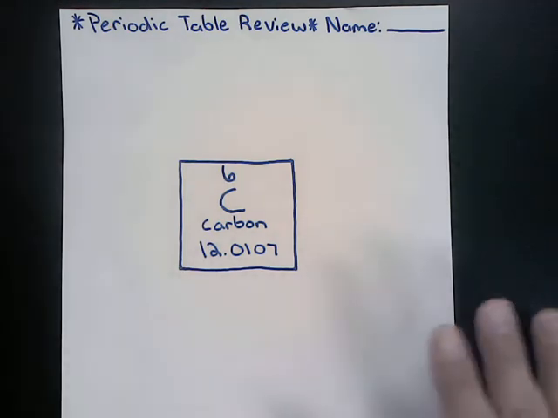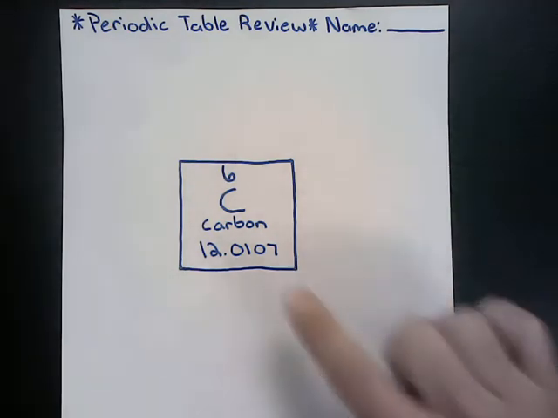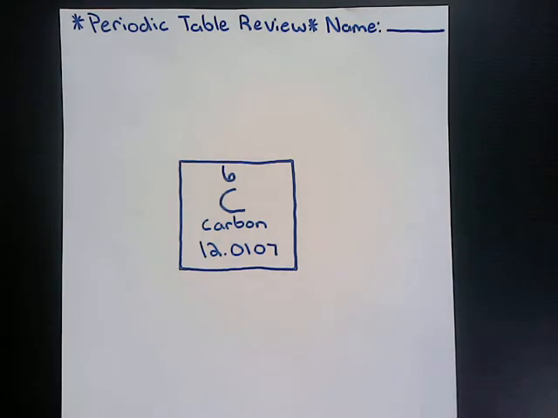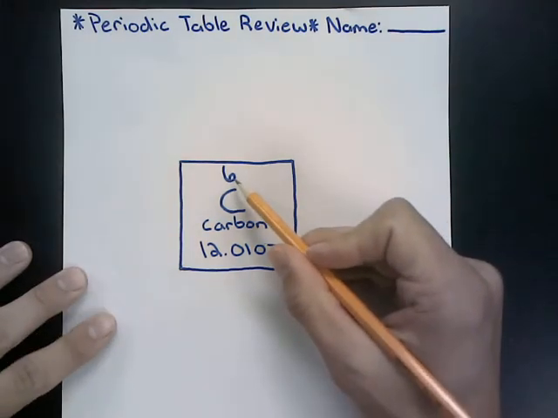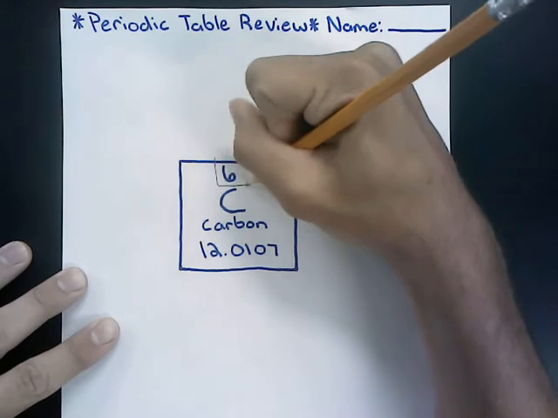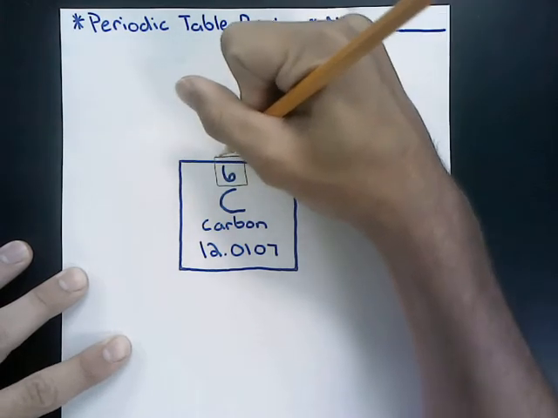So what we have here, right here in the center, is an example of the information that you would find on the periodic table. The first thing that I want to identify here is this big whole number, and in this case it is a 6.